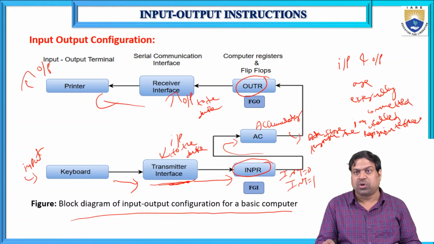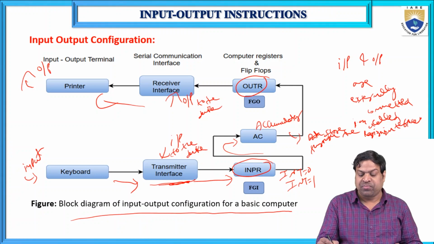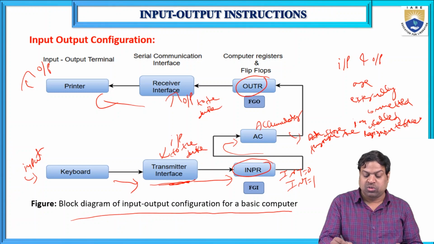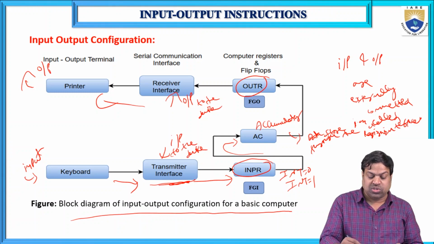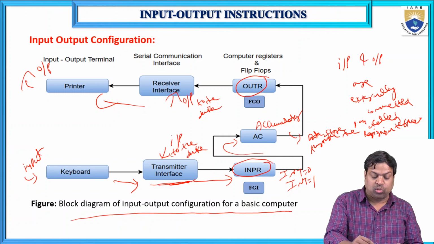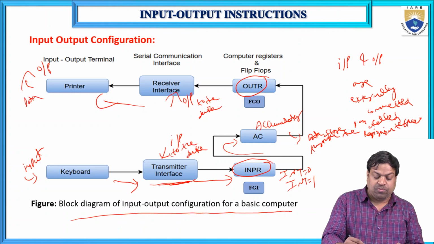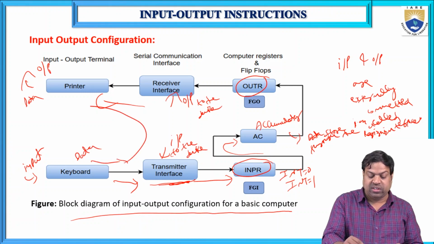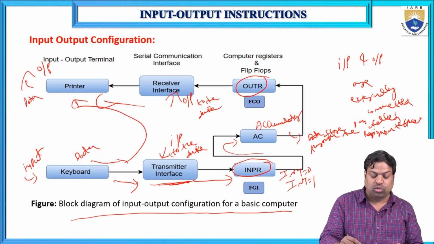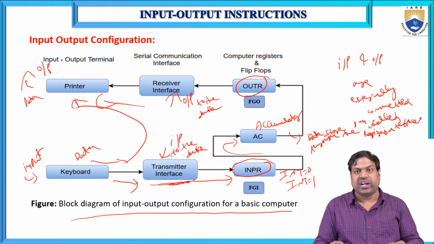The accumulator passes the data through the registers to the output register OUT, then through the receiver interface, and then to the printer. Suppose I have to print: that is nothing but output data. I give the data through the input, and the same data comes to the output.